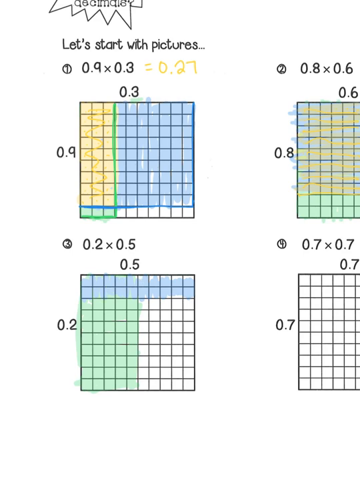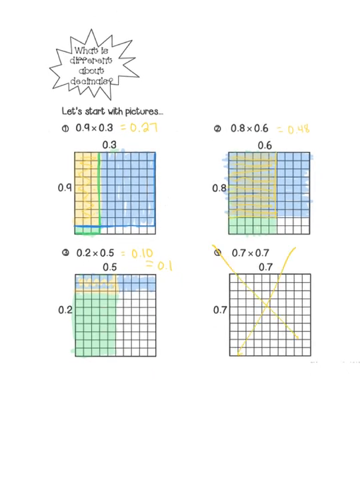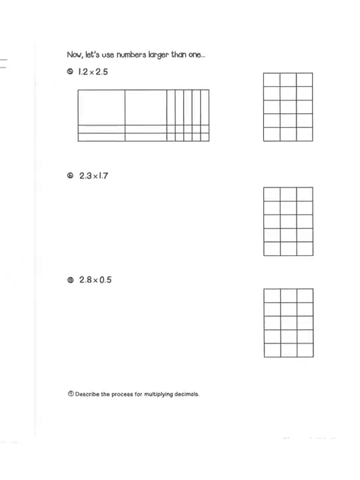Now what overlaps is this part right here. In that part, I have 1, 2, 3, 4, 5, 6, 7, 8, 9, 10. So I have 10 hundredths, which is also the same as just 0.1, which is 1/10. Okay? We're not going to worry about number 4 right now. Go to the next page.